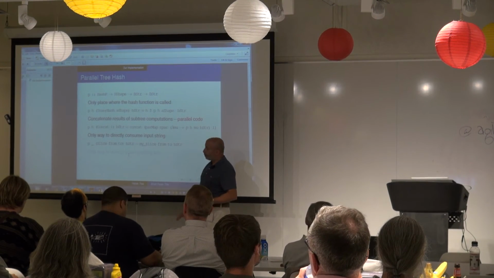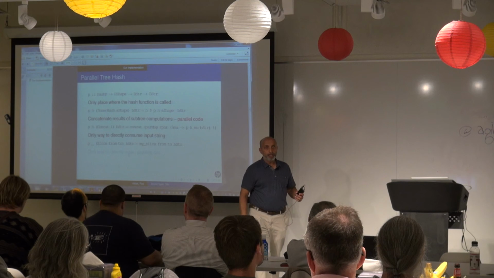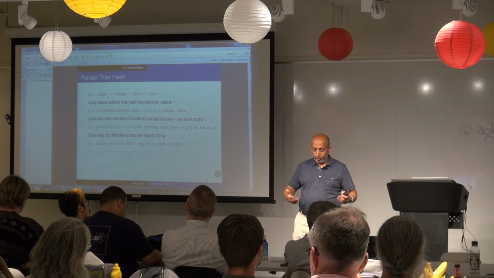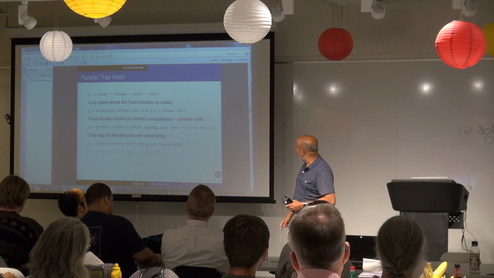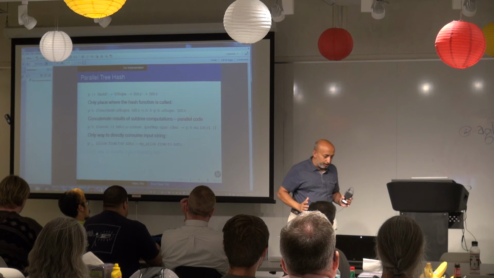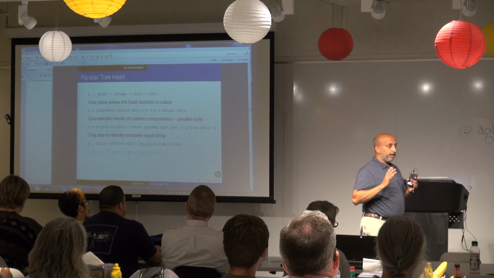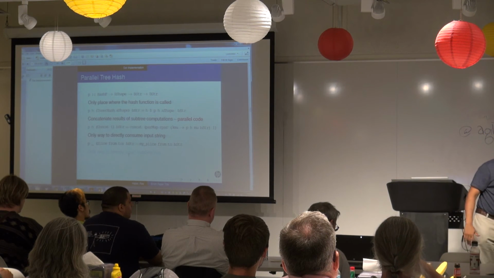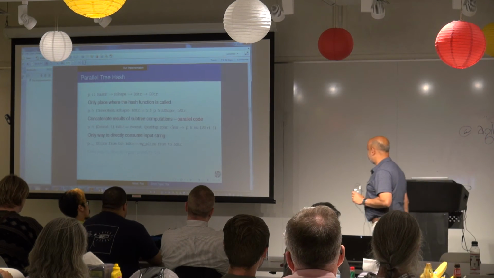The rest of the code remains the same. So if you believe all the things that are good about Haskell, you can convince yourself that your serial implementation and parallel implementation are pretty much doing the same thing.